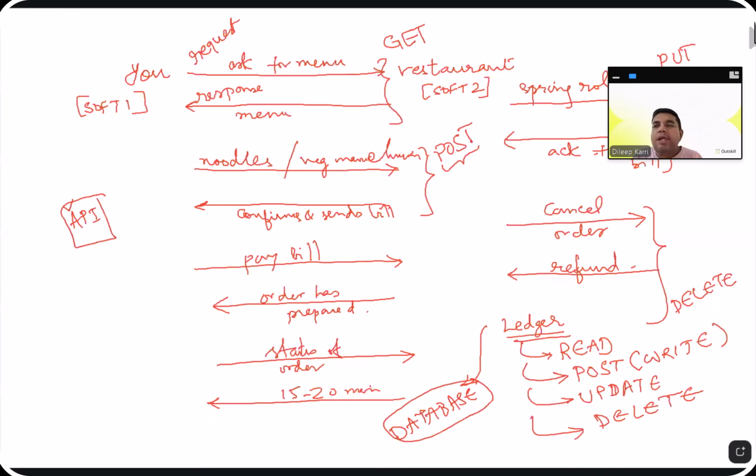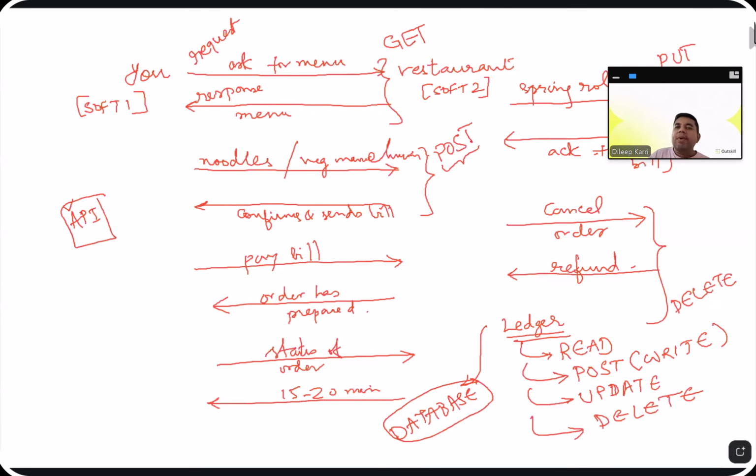Now, don't try to confuse yourself by asking, in this case, what does paying the bill mean, what do other things mean, etc. Don't worry about all of that. For now, just assume that you are placing an order or you are doing some events on your application, and all of that is facilitated by the API requests.